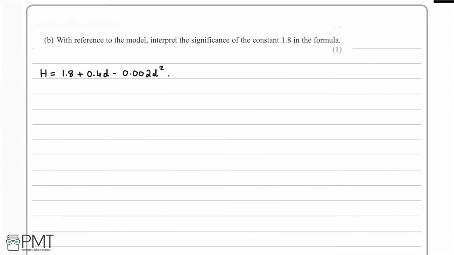So we can see from the model that 1.8 is the only part of the equation which doesn't have a d variable as part of it. And this means that when d is equal to 0, we'll have that h is equal to 1.8. So we can therefore conclude that 1.8 is the initial height of the arrow above the ground.